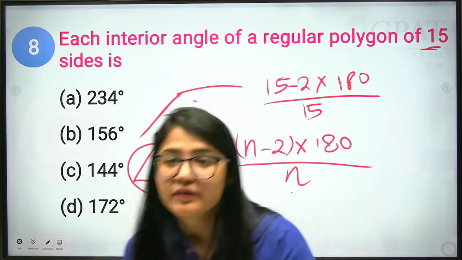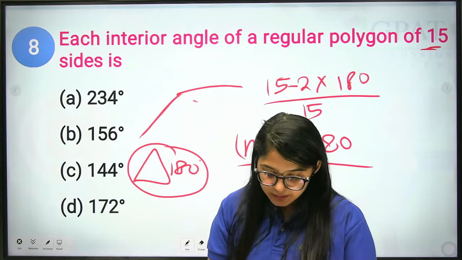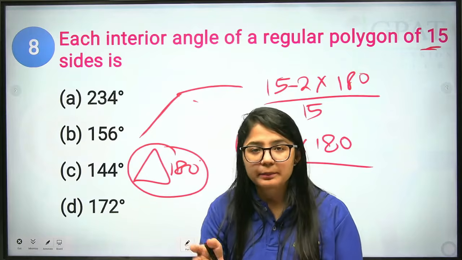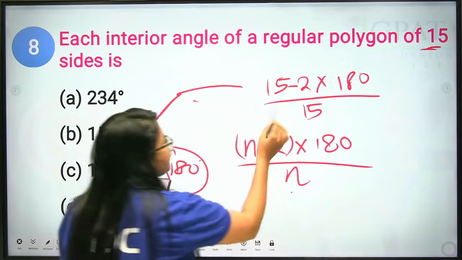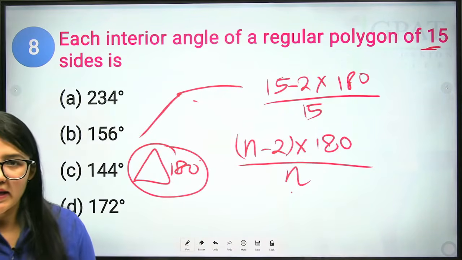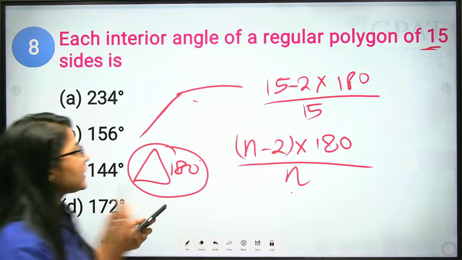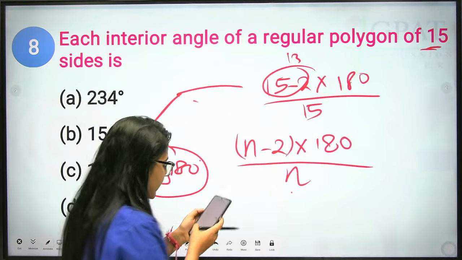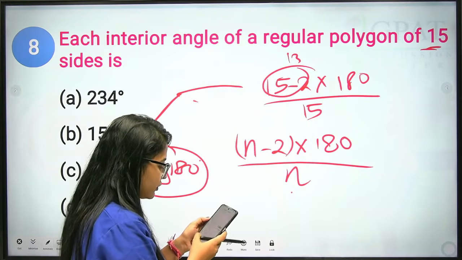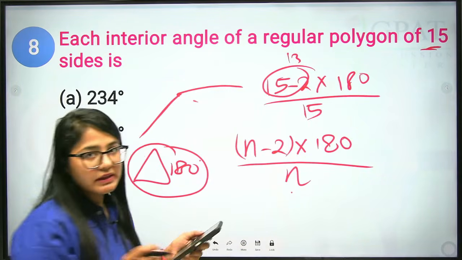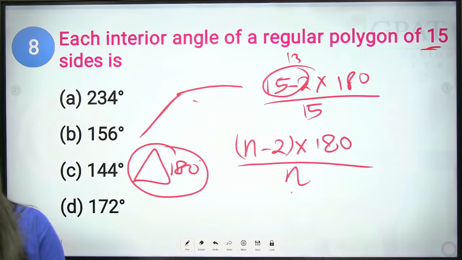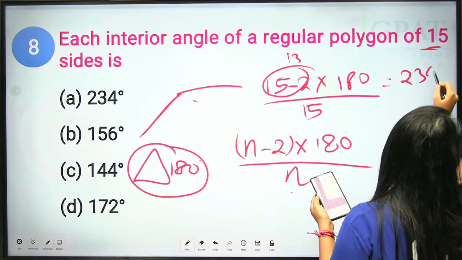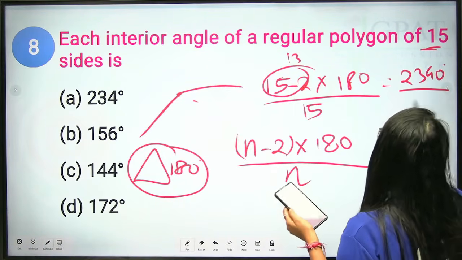So let me take our calculator and calculate. First of all, 15 minus 2 is easy, that is 13. So 13 into 180 is 2340 degrees, and we have 15.